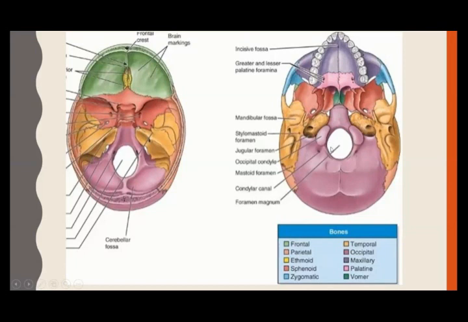This is the foramen magnum. Between the pterygoid plates and the petrous temporal bone, this foramen is called the foramen lacerum.